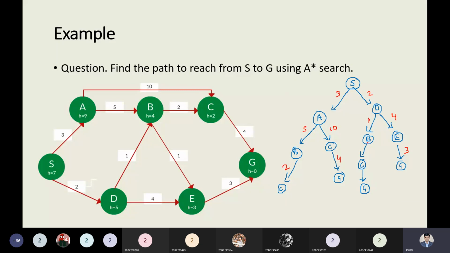And B to E, this would be E, not C. B to E we have 1, and B to C we also have 2, and here C to G is given as 4, and E to G is given as 3. So these are the costs and the other things given.